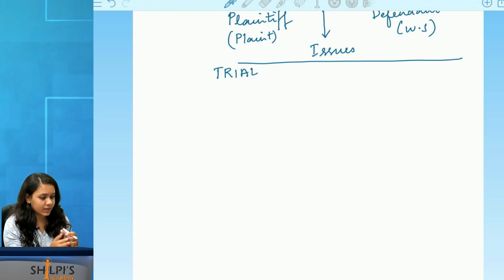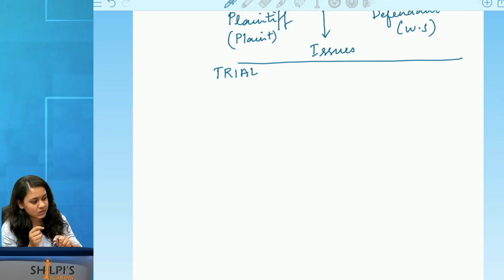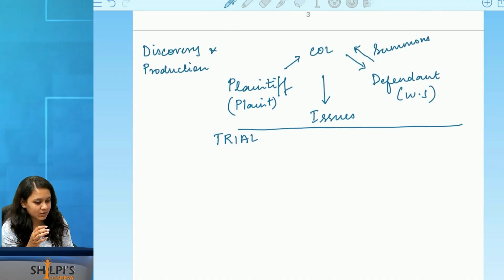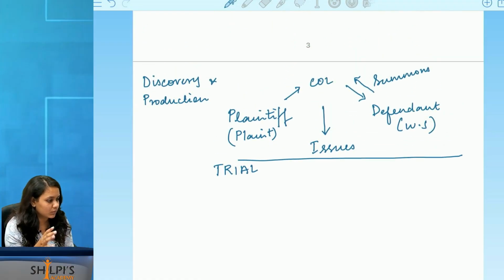The example that I gave you was a property related matter. What if it's a case of pollutants, air pollution or water pollution? We'll have to enter into that person's property, take samples of their water, and then only determine whether there's pollution, right? But for that, the court has to allow someone to enter into that property, take samples and check for it. So, all of this happens at the stage of discovery and production.